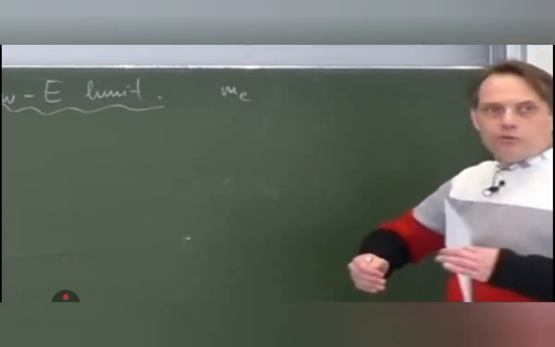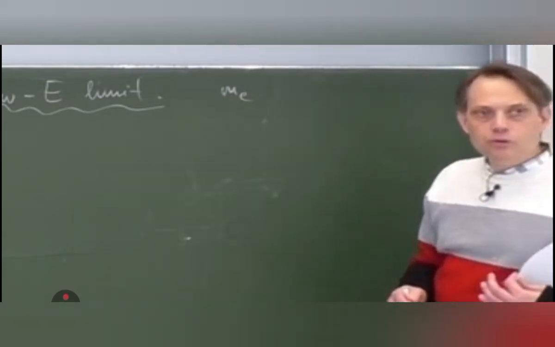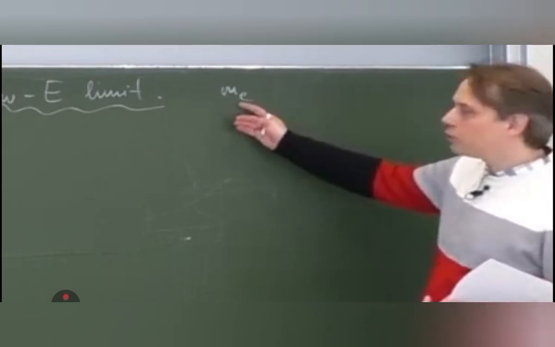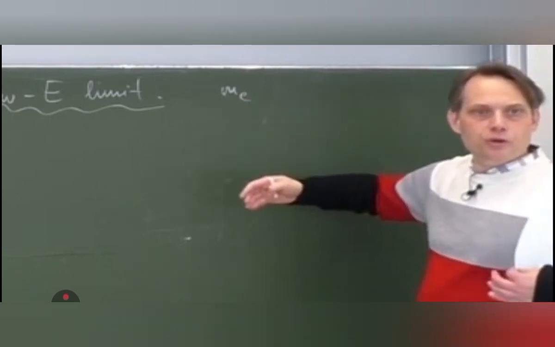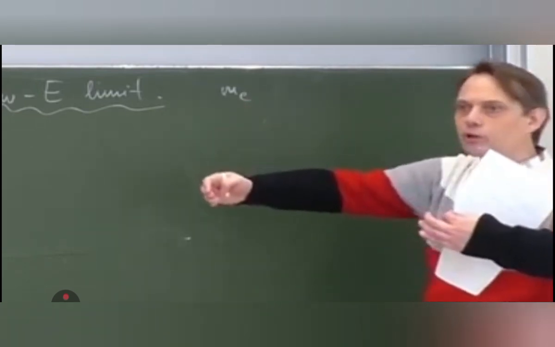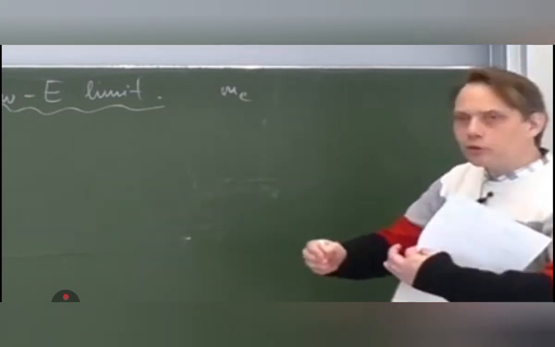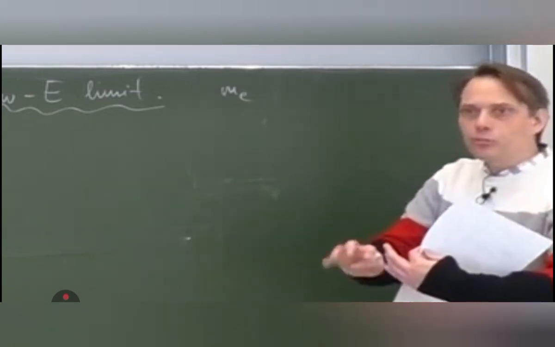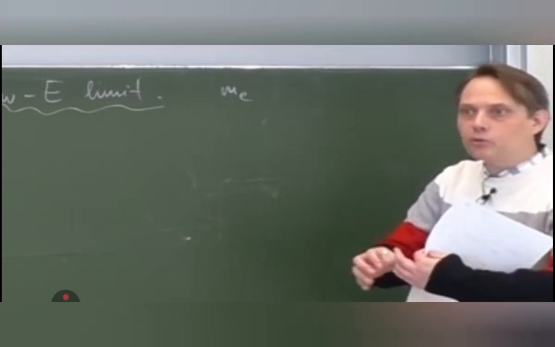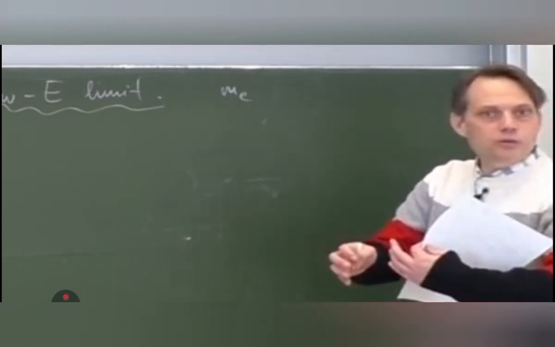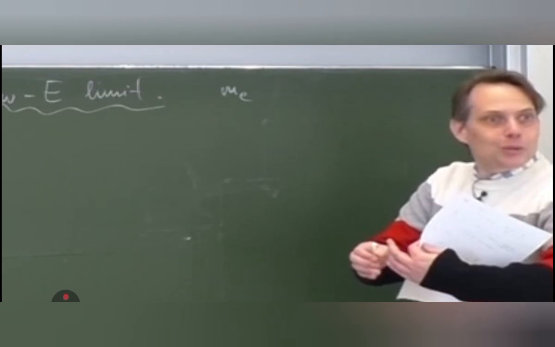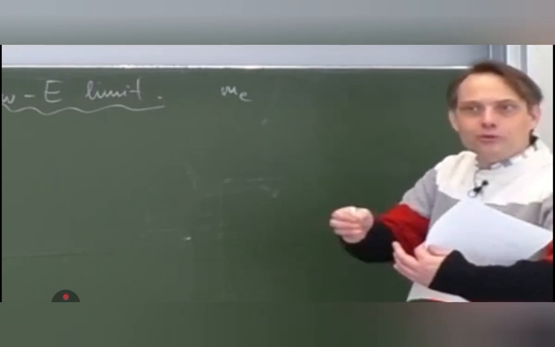We concretely consider the process where we have in the initial state electrons which are light. In the final state we have heavy muons, and therefore in the low energy limit the muons are produced basically at rest or with very small kinetic energy. But the electrons must still have very high energy in order to produce the muons.